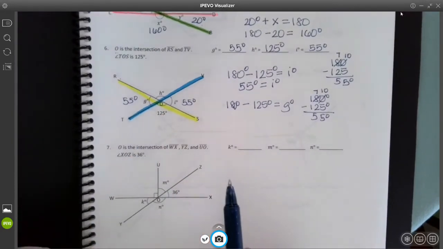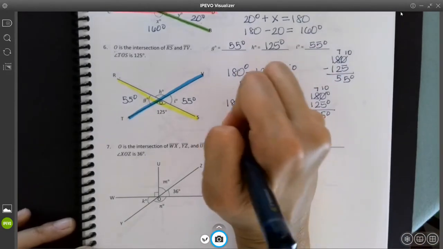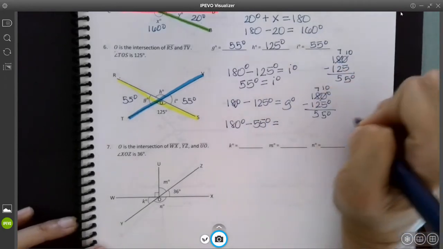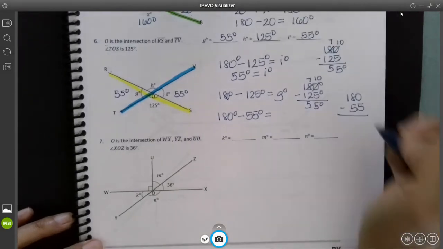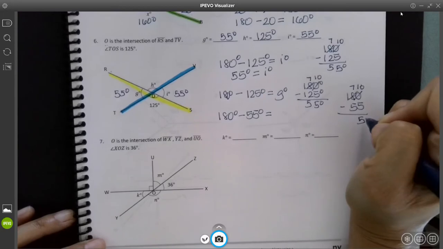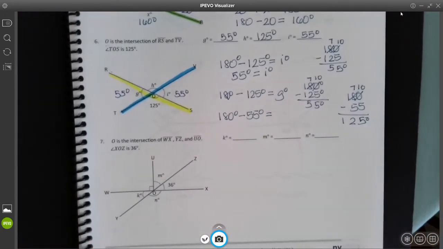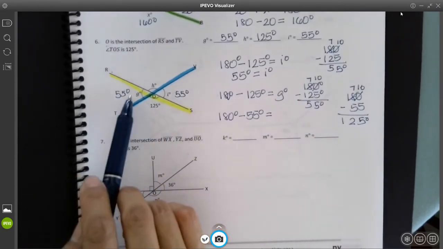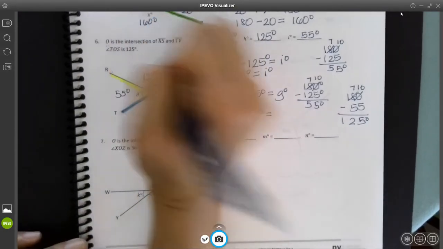I could prove that also by doing another equation: 180 minus 55 would be 125. So we have proved it once again. Here's our evidence that when lines intersect, the angles across from each other will be the same.